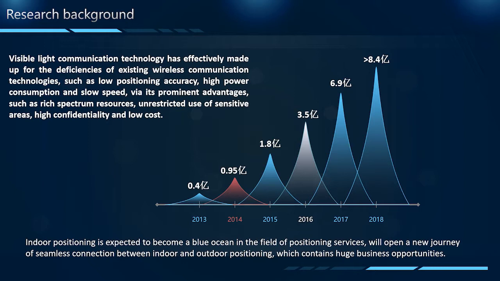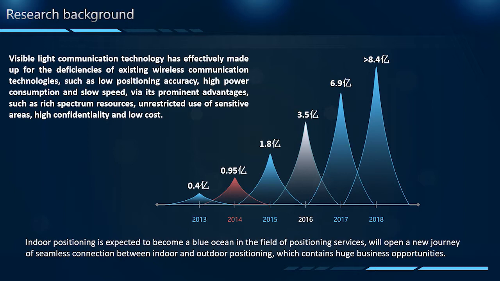Visible light communication technology has effectively made up the deficiencies of existing wireless communication technologies, such as low positioning accuracy, high power consumption, and slow speed.